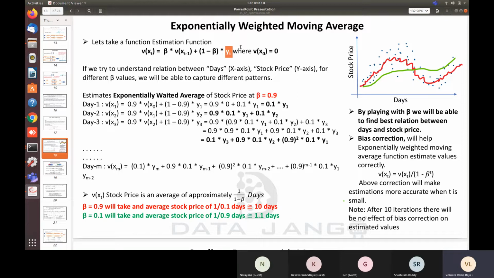We are trying to predict the second day's stock price, but we are using yt here, so the second day's outcome also. While learning, you will have that value. When you are building a model, you will have the second day's price also. You have got 100 days of data, and you use it to find the beta value that works correctly on your data. Got it? Did you get the concept I am explaining now?